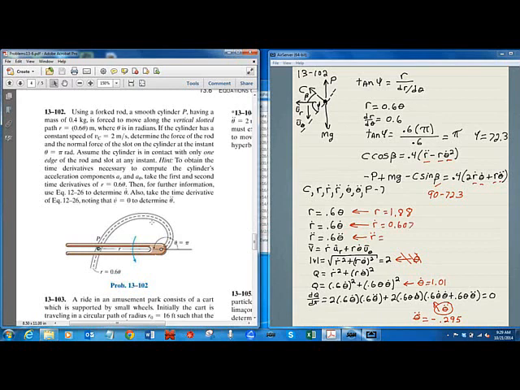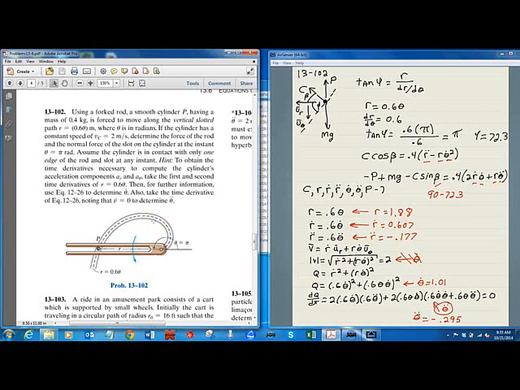And then finally I plug in the theta double dot that I have, multiply by 0.6, I end up with r double dot is a negative 0.177. So now I have my r dot, r double dot, theta dot, theta double dot, and all my angles. The only thing that's left is to plug into the force equations and solve for C and P. So I'm going to do that next. I'll pause and come back with the solution that I have.